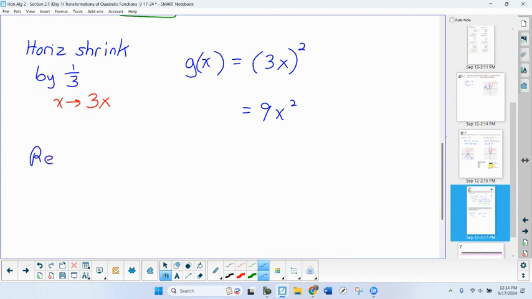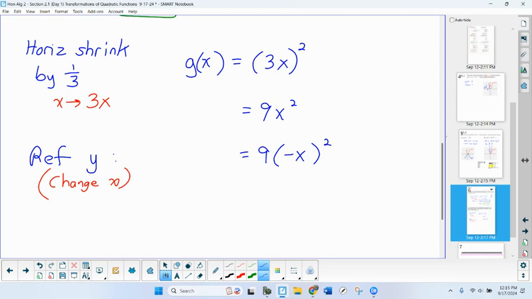All right, now a reflection over y. So now, Paige, when we reflect over y, what changes? Which one do you change? Okay, you change x. So now you're going to come in and say, okay, 9, and now x becomes what? Negative x squared. Now, does it affect it at this point?